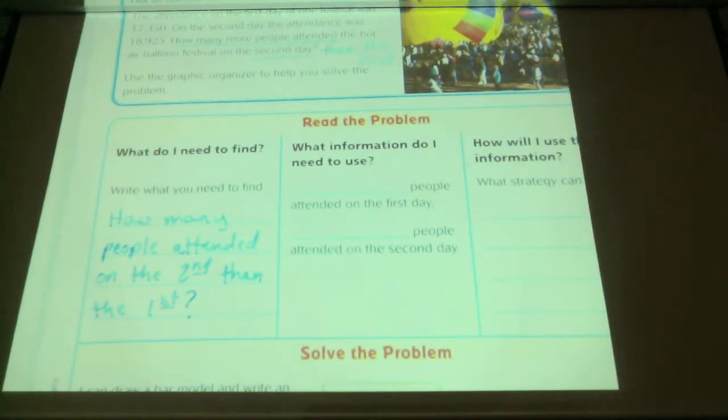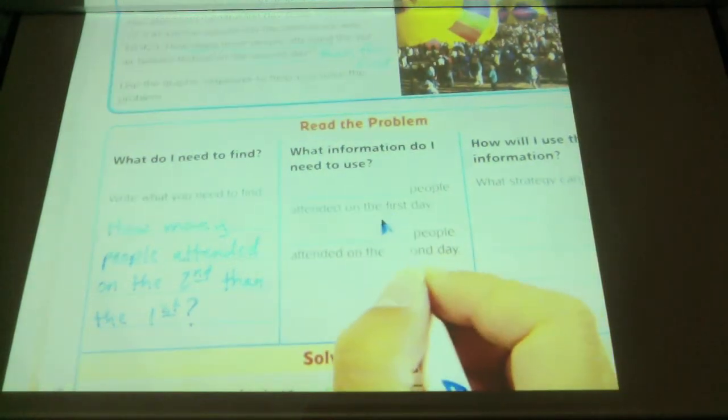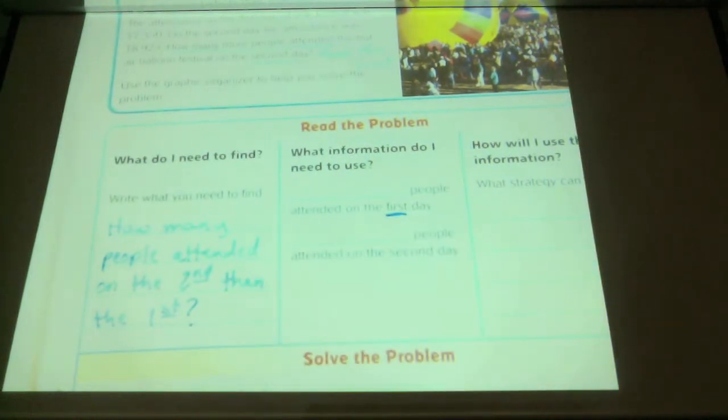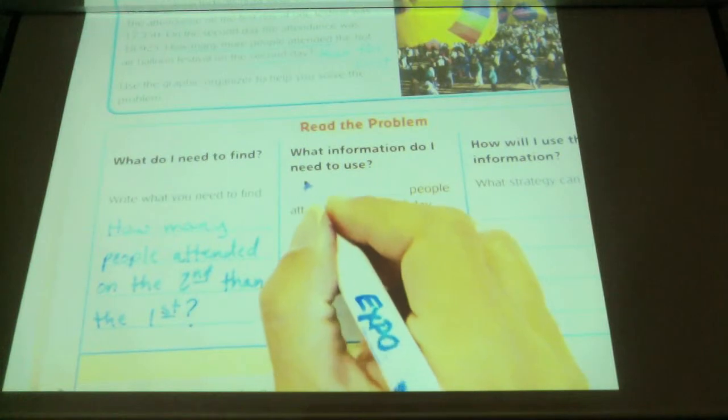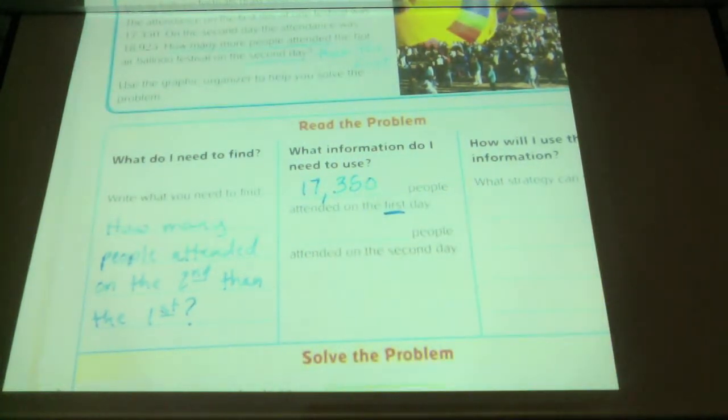Okay, looking at the second box, it says, what information do I need to use? So this says the first day. Everybody read my number for the first day with me. Ready? 17,350. Very good.